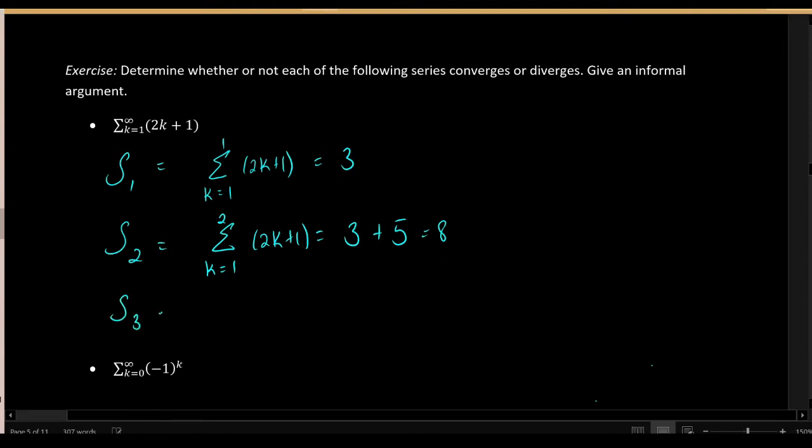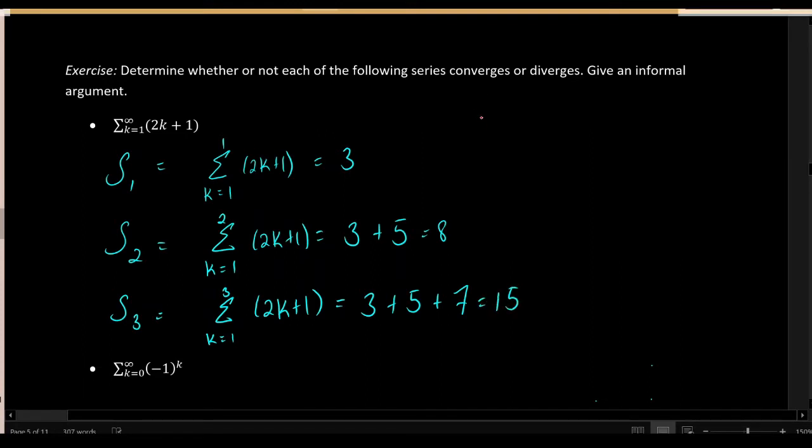When n is equal to 3, then we'll take the partial sum up to 3. 2 times k plus 1. Then I have 3 from k equals 1, 5 from k equals 2, and finally I also have 7 from k equals 3. So that's equal to 15.